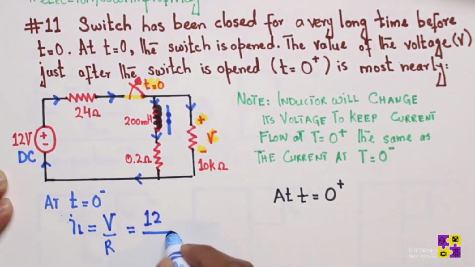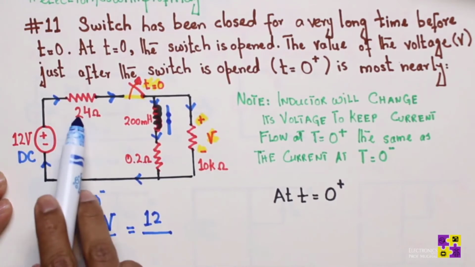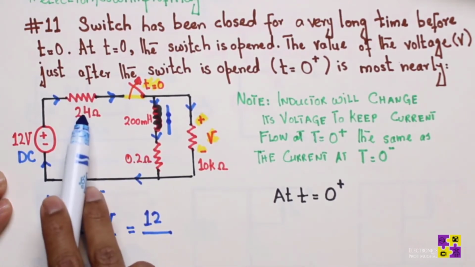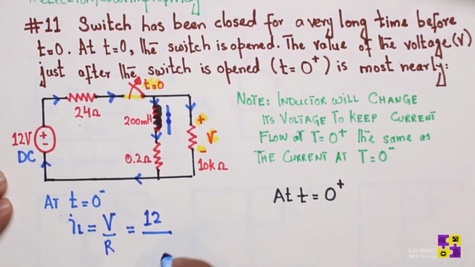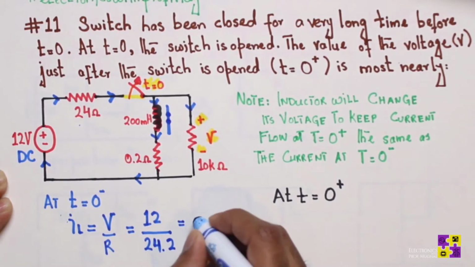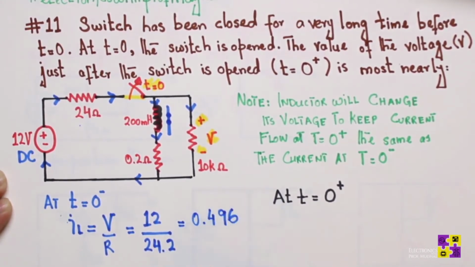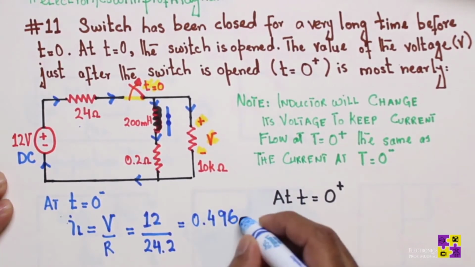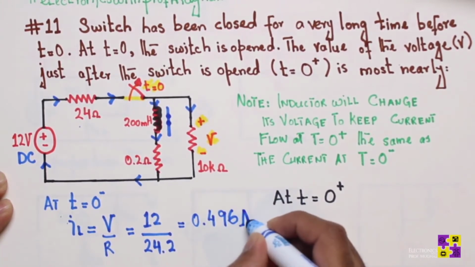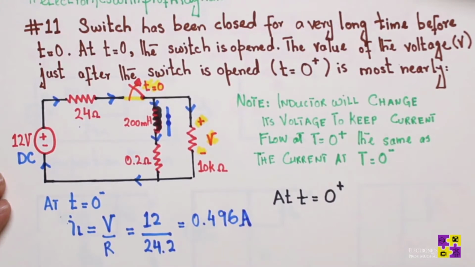And the resistance is basically a sum of these two, 24 ohm plus 0.2 ohm. So we get 24.2. And if I do the math here, I basically get 0.496. Of course, the unit is going to be amps.